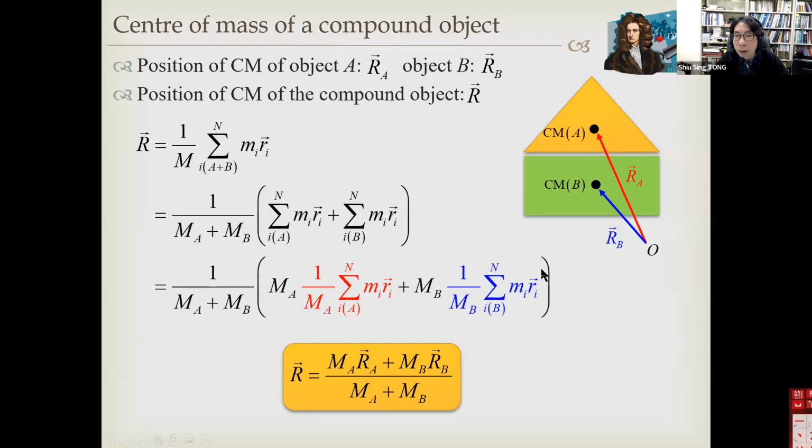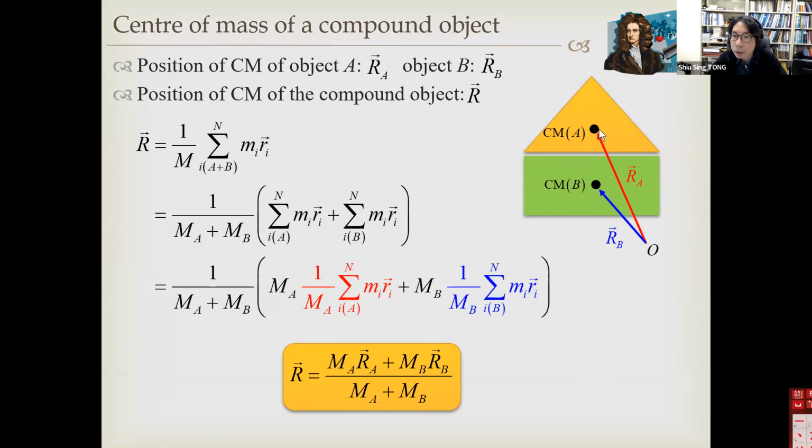Let's continue with our discussion of the center of mass. We were somewhere here, right? Now, in this example, we will try to find the center of mass position of a composite body. This body is composed of two or more objects. For simplicity, we make it two, and the argument can be easily generalized to n objects.